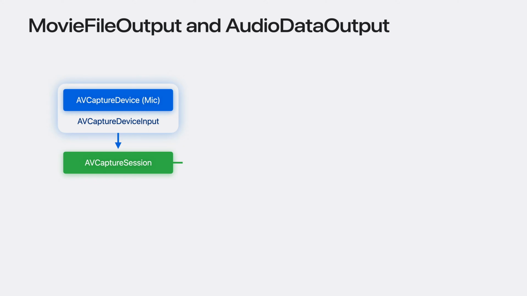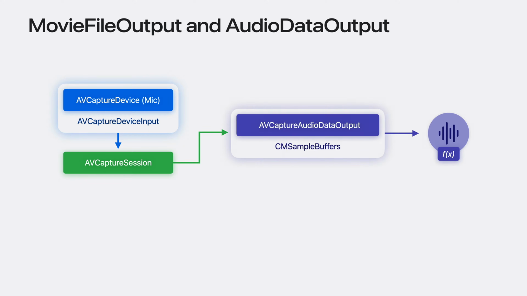There's one more update to AV Capture Session that affects the movie file output and the audio data output, and it's useful for apps that could benefit from using both objects. Audio data output provides access to audio sample buffers as they're being received, so your app can apply effects or draw waveforms on screen.